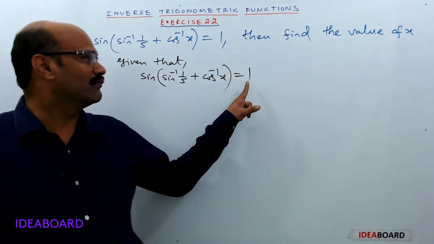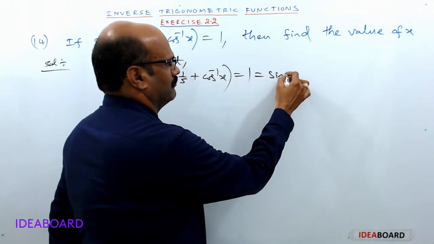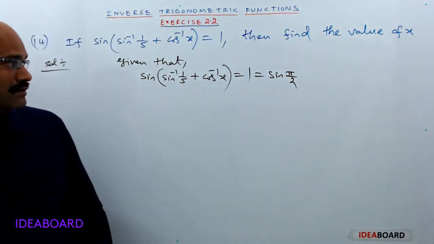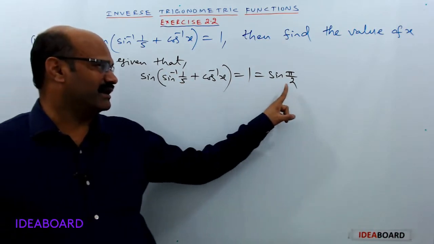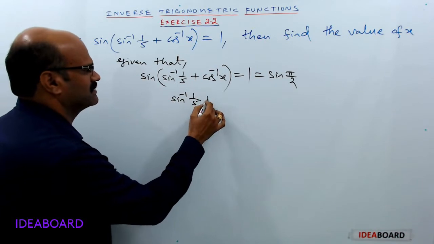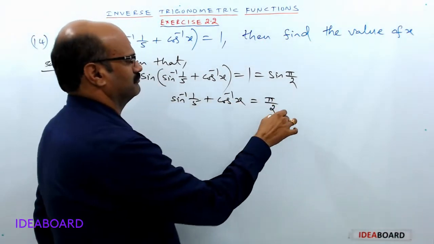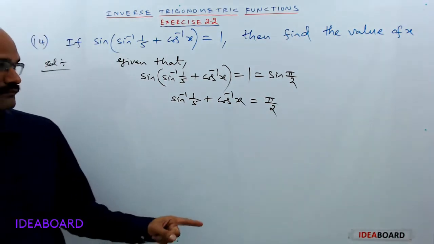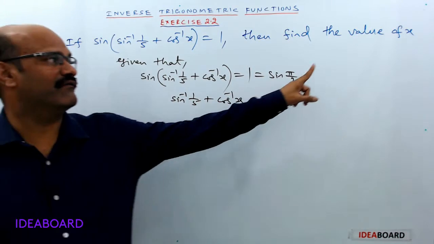Now here 1 equal to sin pi by 2. Now it can be written as sin inverse of 1 by 5 plus cos inverse x equal to pi by 2. Now here we have to find the value of x.